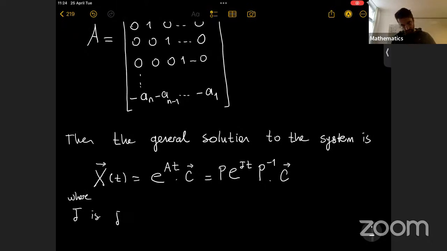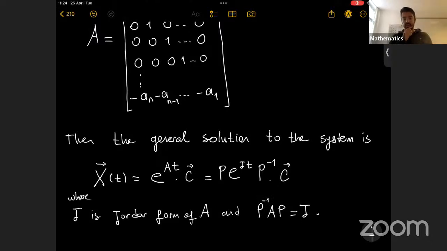And remember, A is equal to P J P inverse, okay?